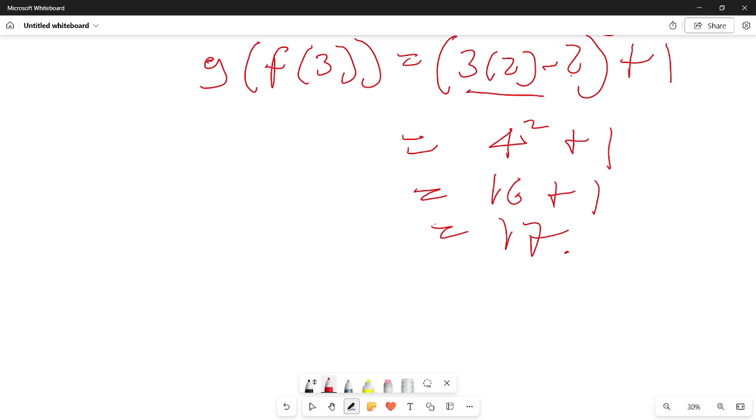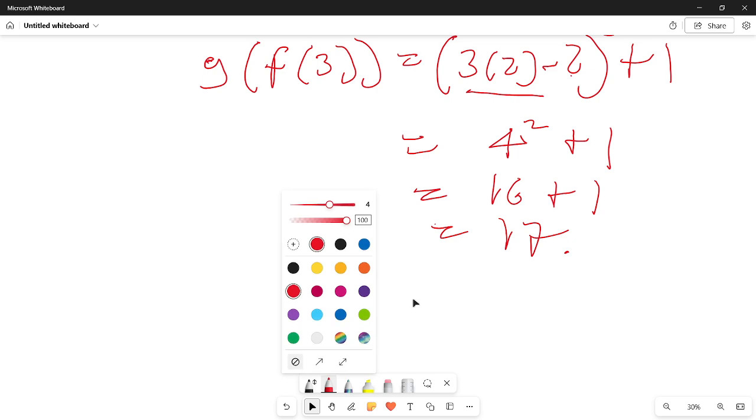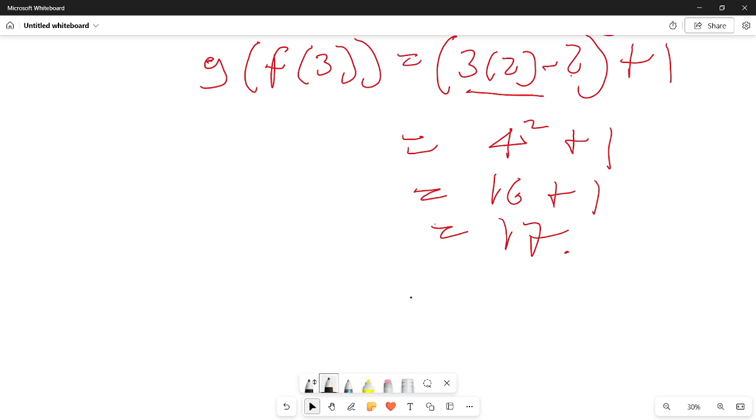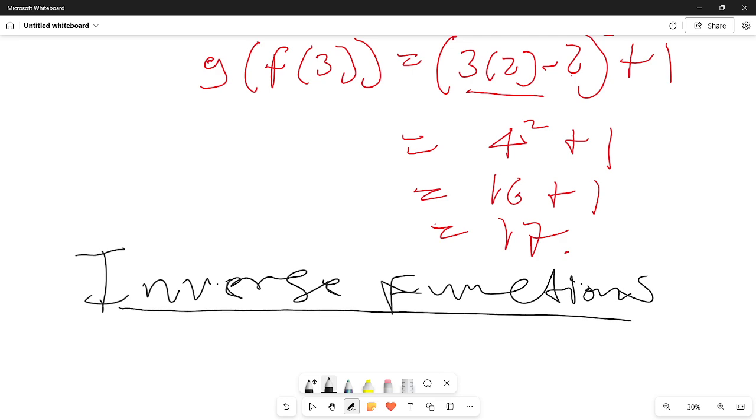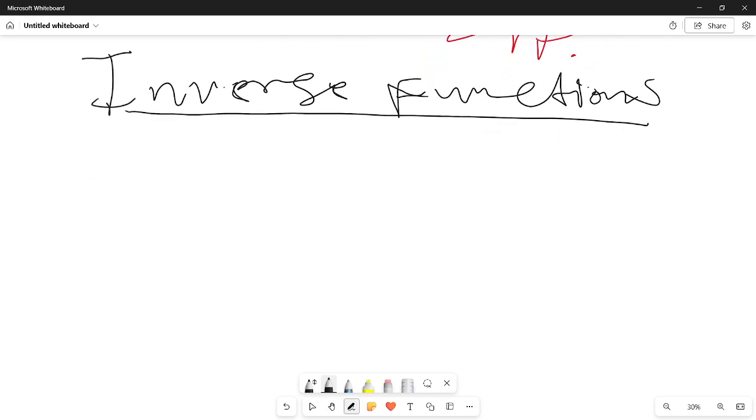Okay, so now let's look at the inverse functions. So an inverse function, so let's have a definition.